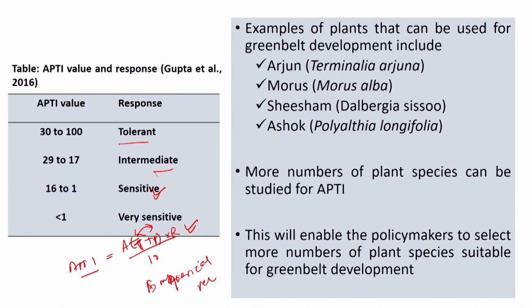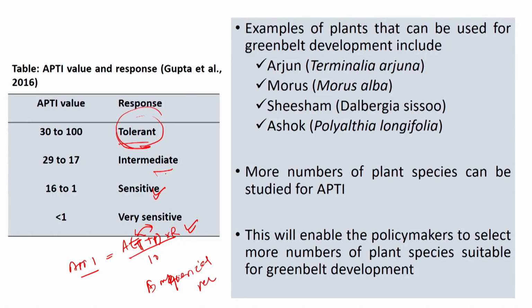Now the next question that should come to your mind is what kind of plants should be planted in India that can battle air pollution. Plants with high APTI values are more tolerant and should be planted.